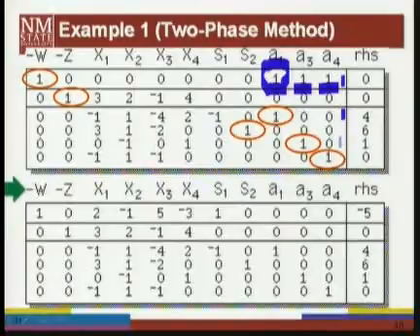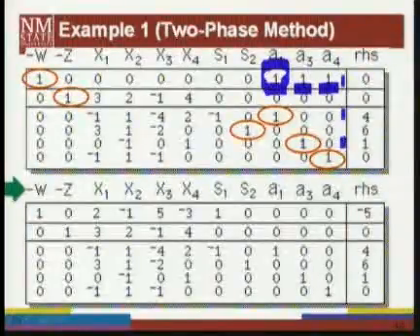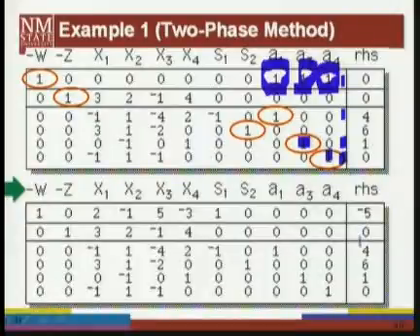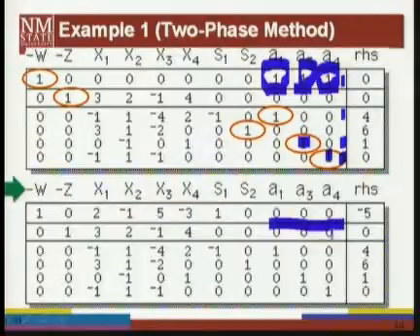Likewise, minus the fifth row, then this one will be removed because of this, right? Minus the sixth row, then this one will be removed because of this one, right? So that way, we can eliminate the artificial variables from the first row, right?